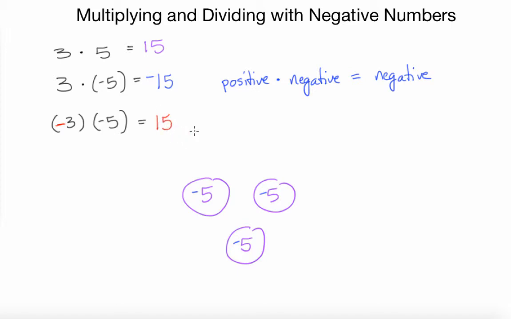So if you have 2 negatives, again, one negative makes everything opposite, turns it into negative, but then one more negative turns the opposite of the opposite back into a positive thing. So a negative number multiplied by another negative number ends up equaling a positive number.